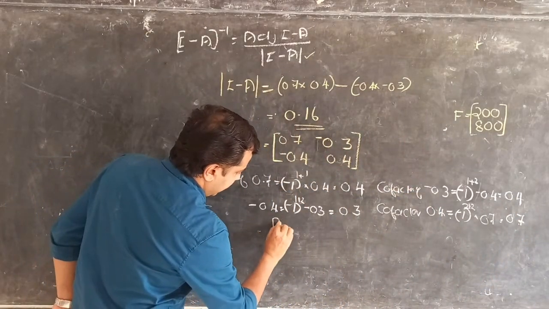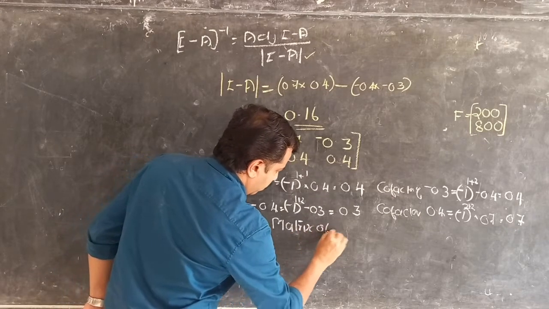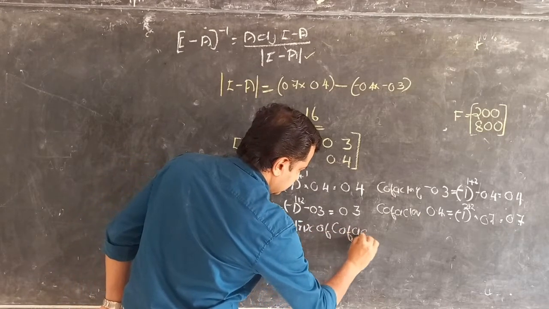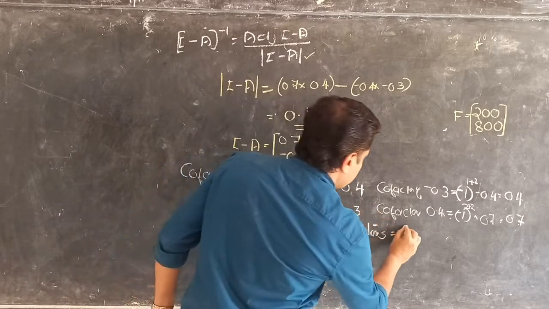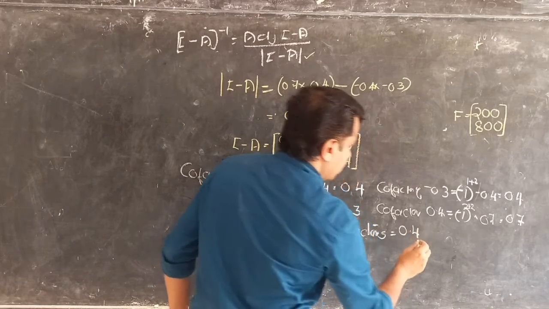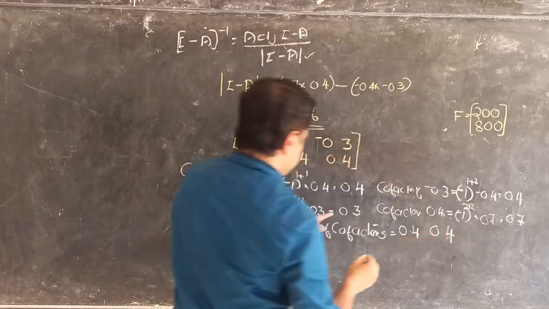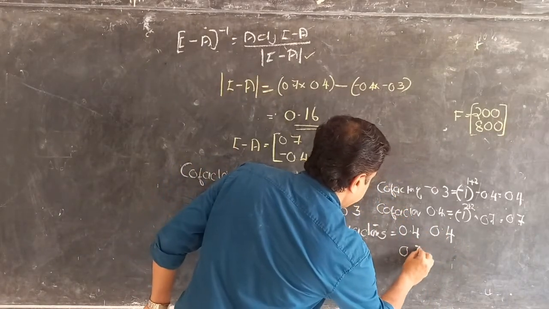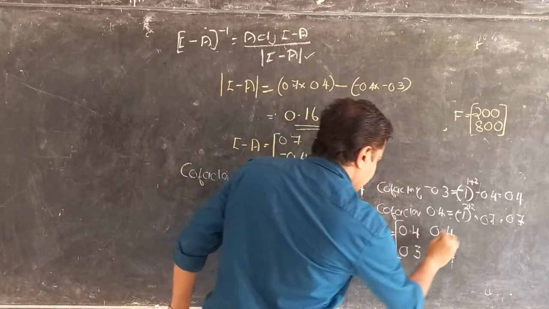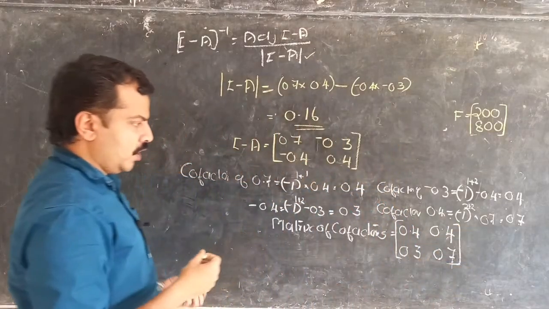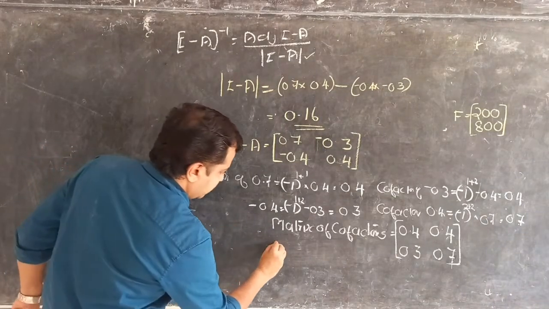We have the matrix of cofactors, which is equal to 0.4, again 0.4. The second row, 0.3 and 0.7. So for the calculation of adjoint, we know that adjoint is the matrix of cofactors transpose.